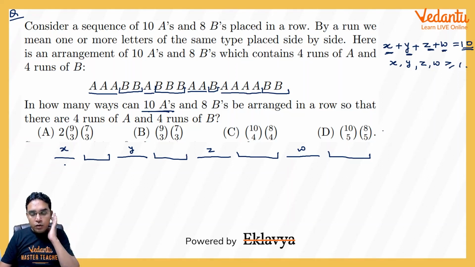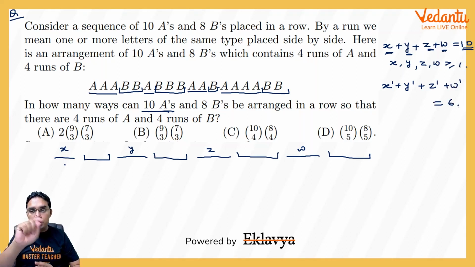So we will give 1 coin to each beggar, and my new equation will be X dash plus Y dash plus Z dash plus W dash equal to 6, because we have given 1 coin to each of X, Y, Z and W. Now the new variables are X dash, Y dash, Z dash and W dash, and the condition on them is that they are greater than or equal to 0.